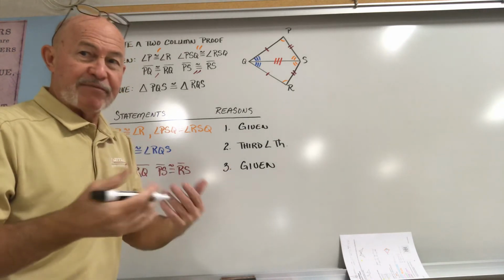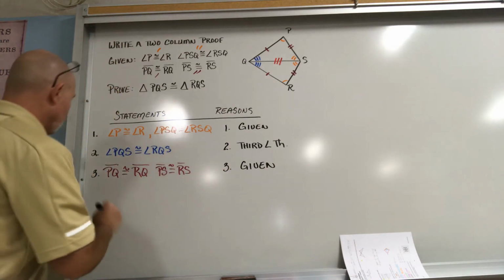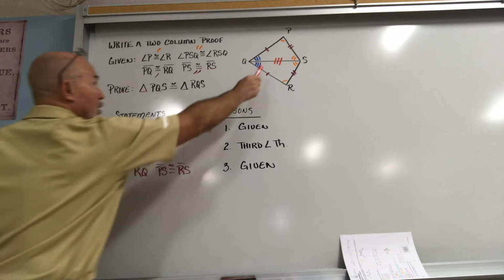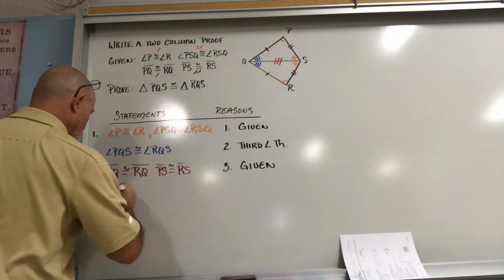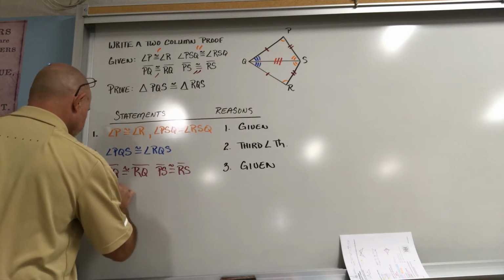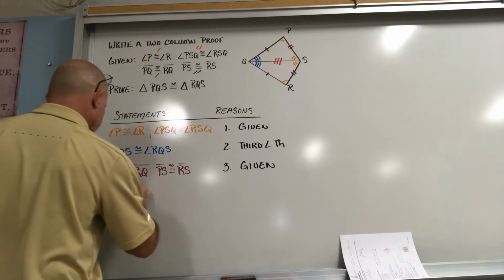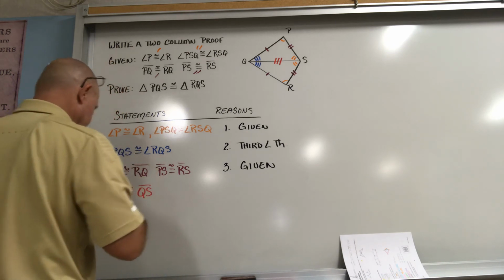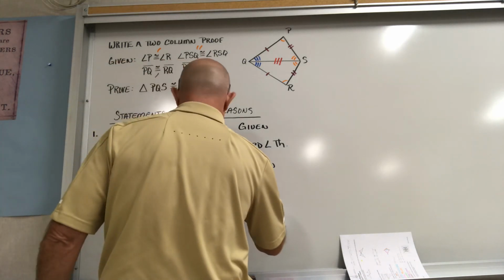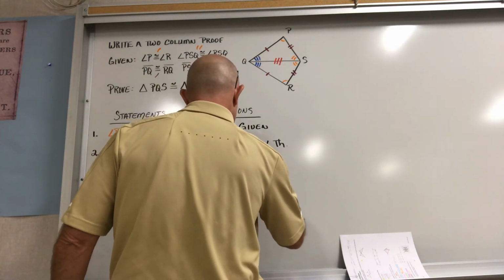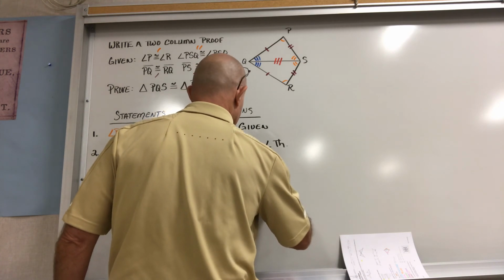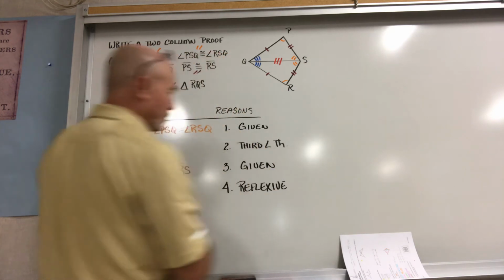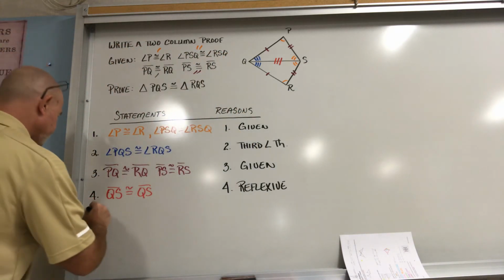It was given. We can use given as a reason. Fourth was this one right here, the one we proved. The reason is the reflexive property.